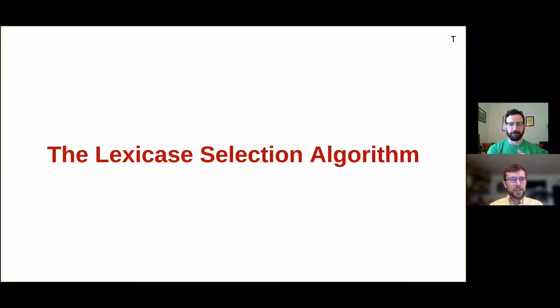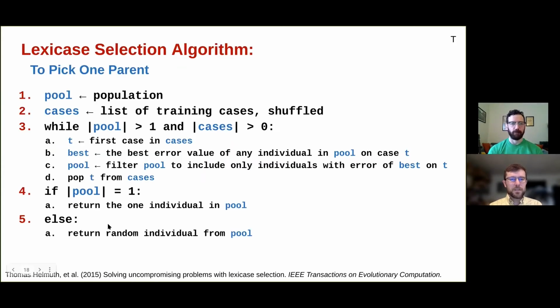Wonderful. So now that you've seen different areas where Lexicase selection has been applied, we're going to go through the algorithm in detail to give you an idea of how you'd go about implementing this. We're going to be walking through this step by step, since this is a really important piece of this tutorial.